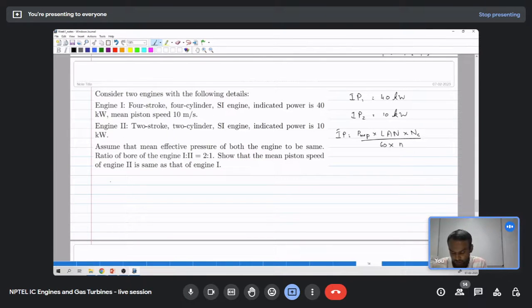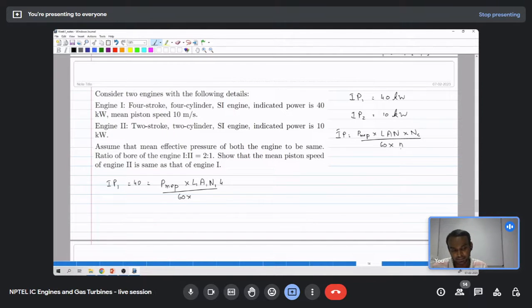So for IP1 we have 40, which is PMEP into L1 A1 N1 into the number of cylinders, given as a 4-cylinder engine, divided by 60 into n.